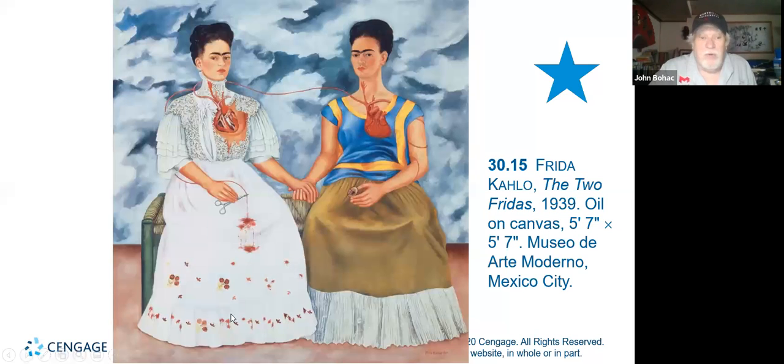Diego and Frida were married and they were both artists, and she wasn't quite as well known at the time, but she did a lot of work and she's really famous today. I mean, it took the world some time to catch up to the genius, but almost all of her work is autobiographical.